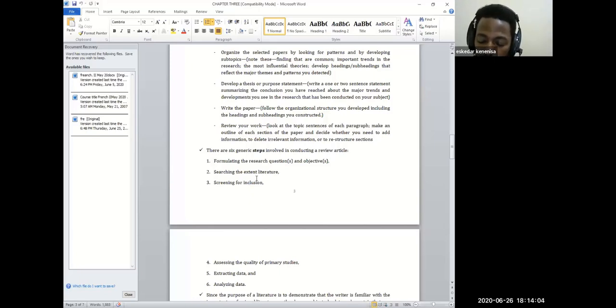Therefore, you have to make a quick read through the table of contents, the introductory paragraph, and the abstract. These are the important parts that give you a glimpse of the material. From the table of contents, abstract, and introductory paragraph, you can get what the material is all about.